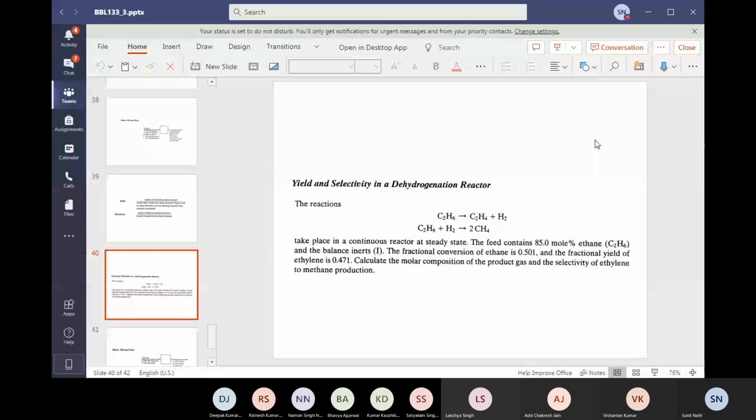Methane 3.6%. And inerts 10.7%. That total should add to 100 mole percent. C2H6 30.3, C2H4 28.6, H2 26.8. Please check: CH4 3.6, inerts 10.7.